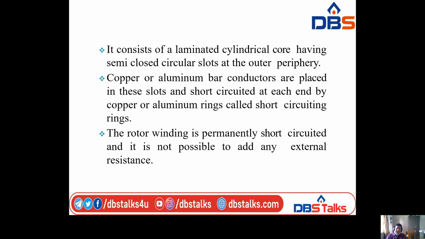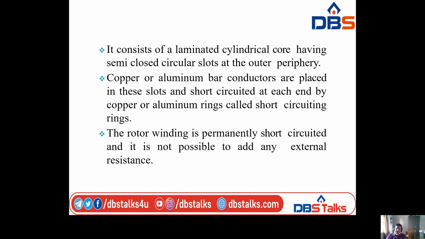Generally, as you said, copper and aluminum bar conductors are placed in these slots and short circuited by end rings. So the rotor winding is permanently short circuited. If it is not possible to short circuit the rotor, there is no development of torque. That means there is no rotation of the induction motor.